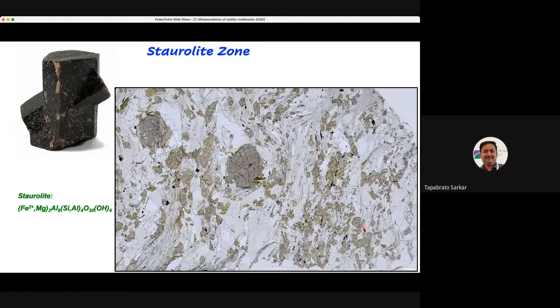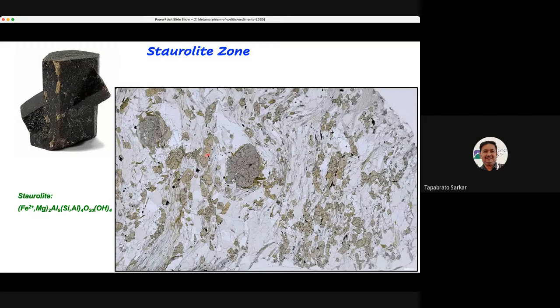Any questions? So this is how a big mineral of staurolite, which sometimes has twins, looks in a normal thin section. These yellow ones are all staurolite, these ones are garnet, and in many places you can see the staurolites around garnet, which means that garnet is taking part in the reaction to form staurolite. And as you can see, there is some schistosity from these elongated minerals, which are dominantly biotite.